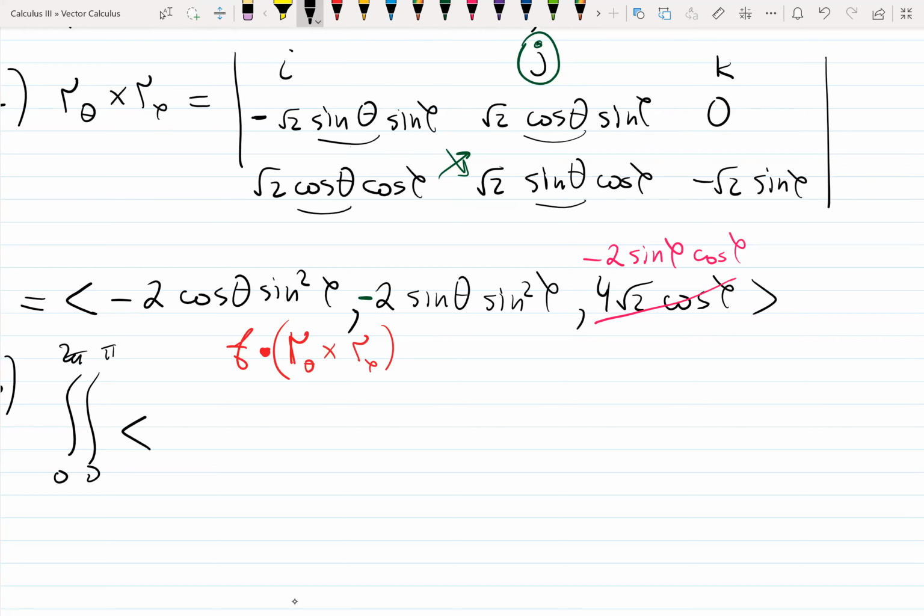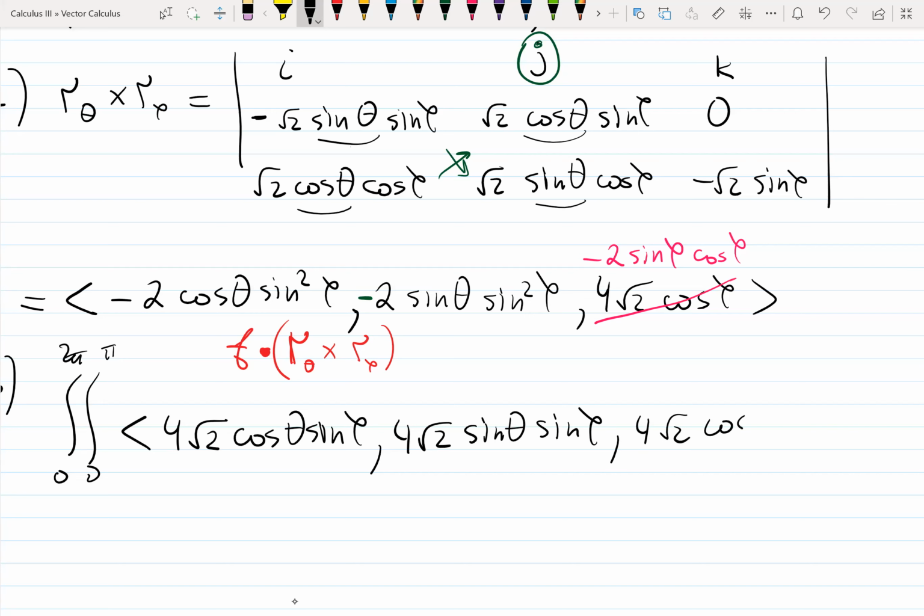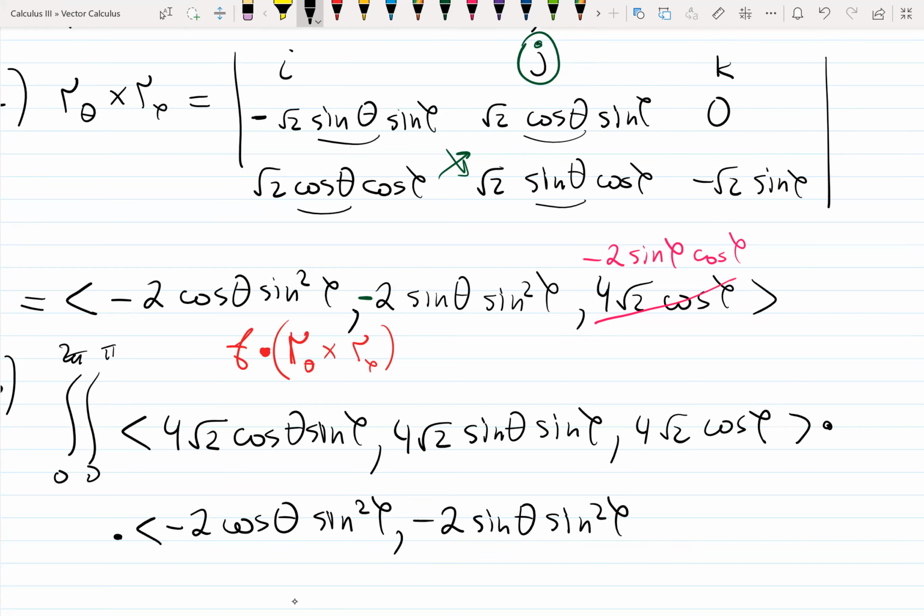F will be 4 square root of 2 cosine theta sine phi, 4 square root of 2 sine theta sine phi, 4 square root of 2 cosine phi, times the one I just found, minus 2 cosine theta sine squared phi, which matches with Sagar's solution, minus 2 sine theta sine squared phi, matches.